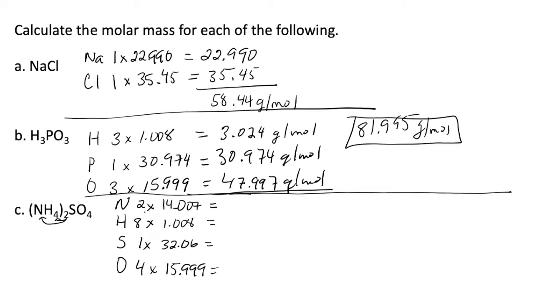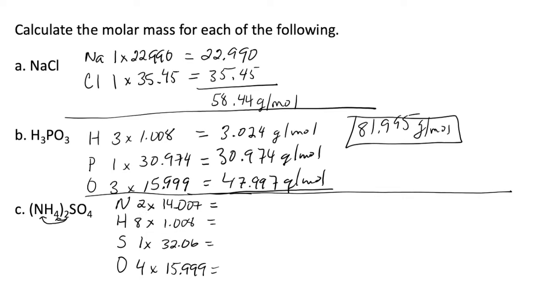So now we multiply out each line individually so that we can determine the total mass of that element in the compound. 2 nitrogens at 14.007 gives us 28.014 grams per mole. We have 8.064 grams per mole of hydrogen. 1 sulfur gives us 32.06 grams per mole.